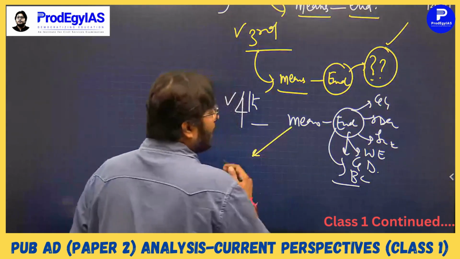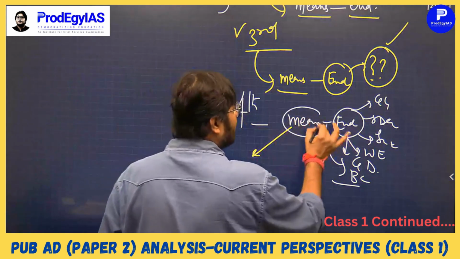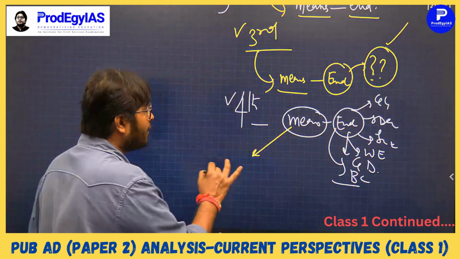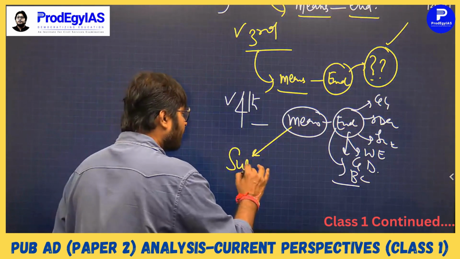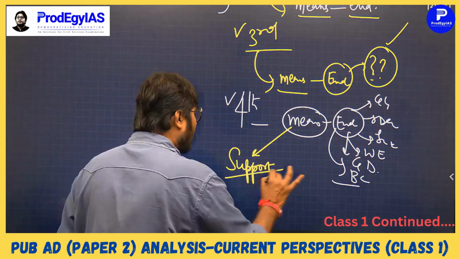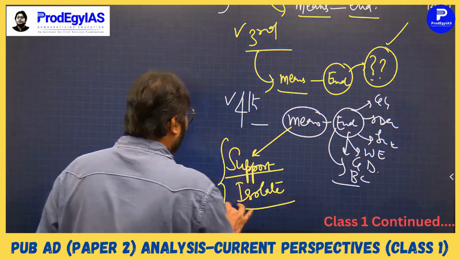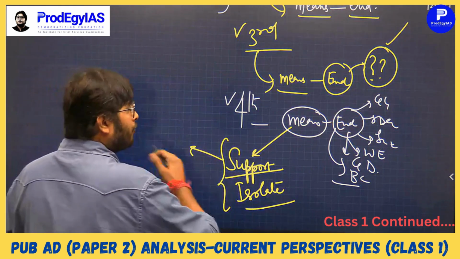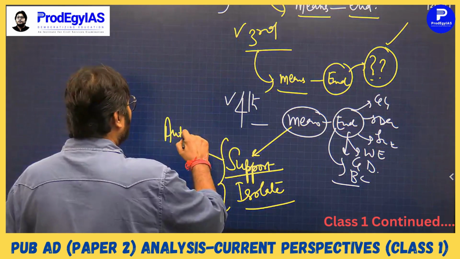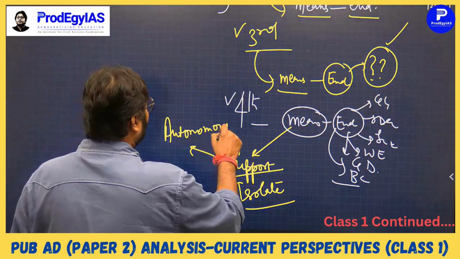See, if we have used this as a means, right, are we going to support them, right, or are we going to isolate them? If we are isolating them, if we are making these local bodies autonomous, what will happen?